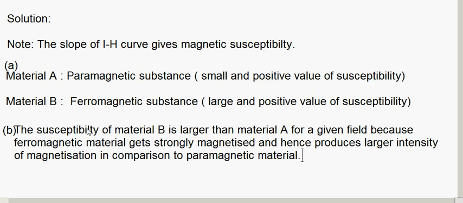Okay, so the susceptibility of material B is larger than material A for a given field because ferromagnetic material gets strongly magnetized and hence produces larger intensity of magnetization in comparison to paramagnetic material.